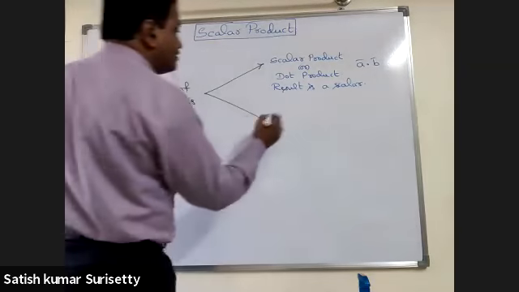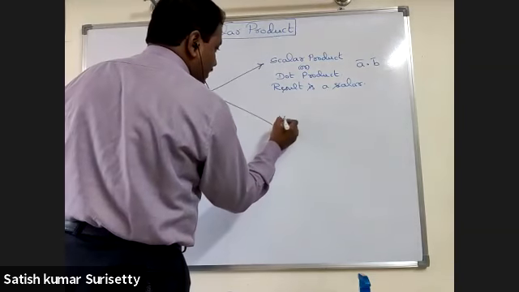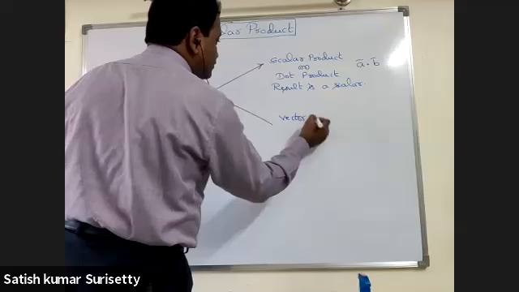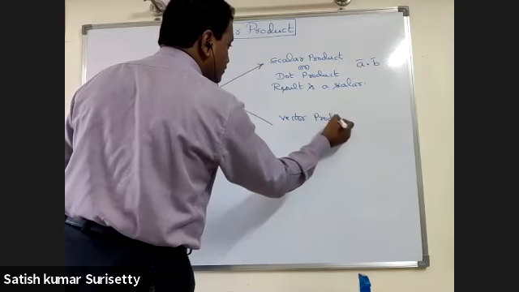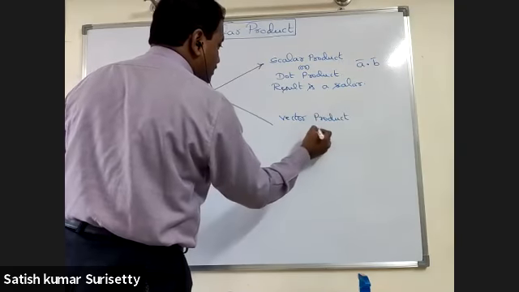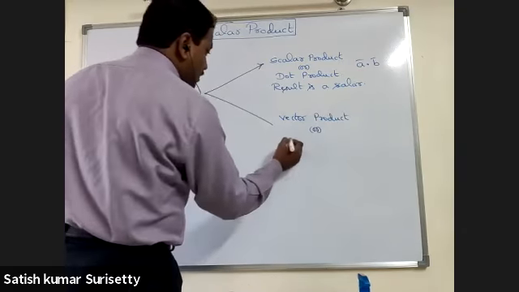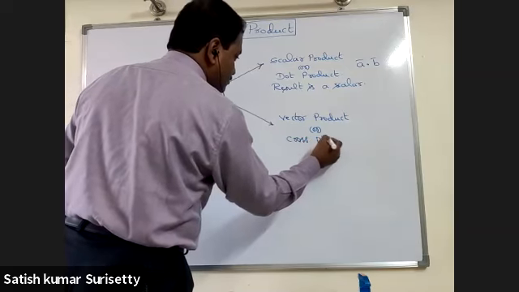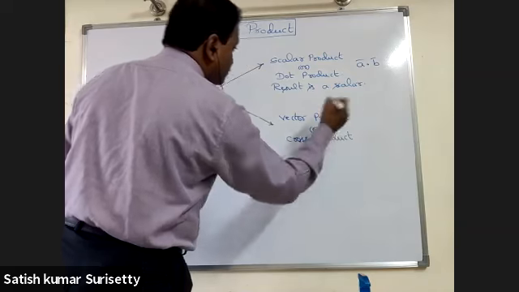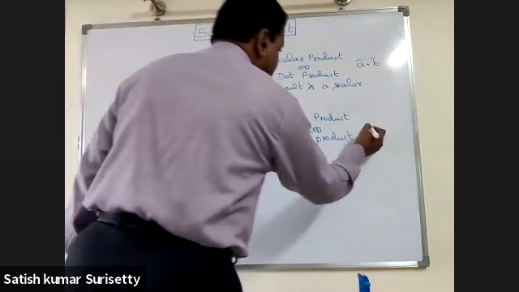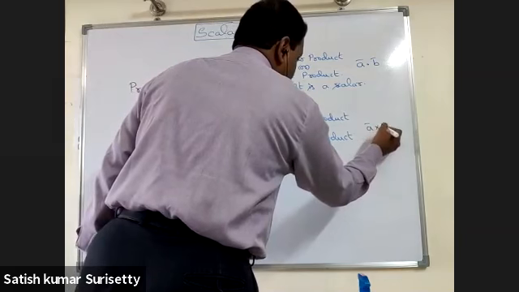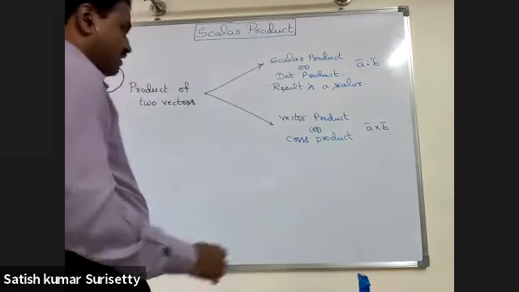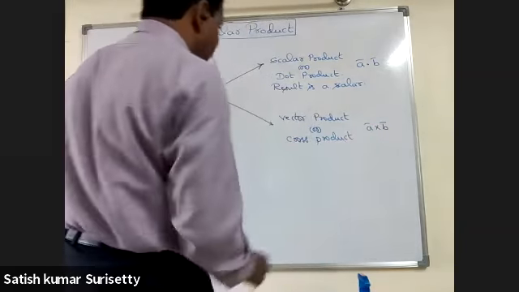Another one is vector product, or it can also be called cross product. Denoted by A bar cross B bar. So you read it as A bar cross B bar.